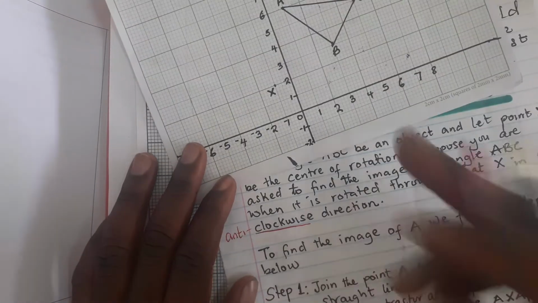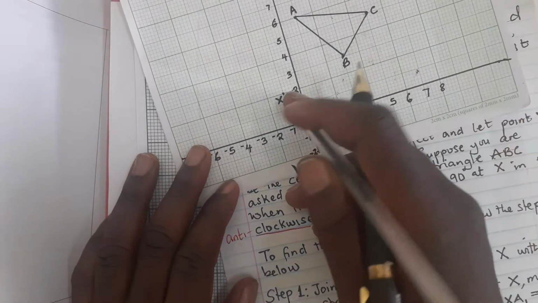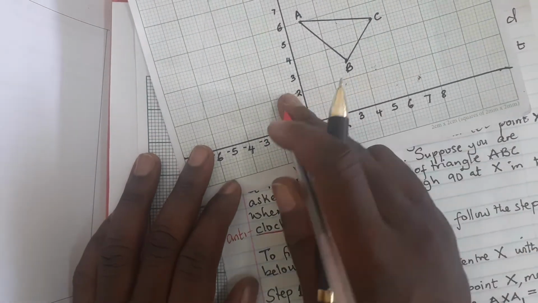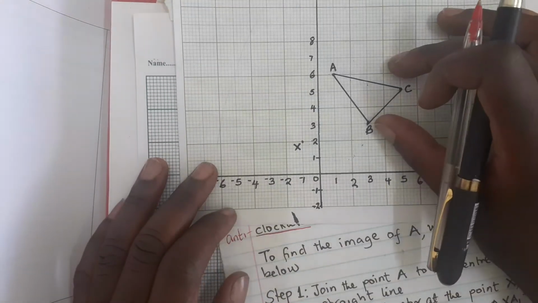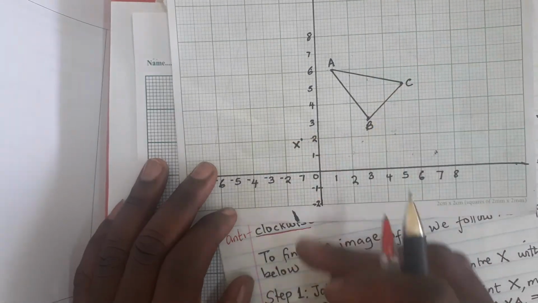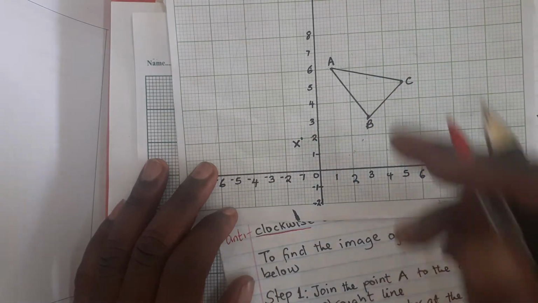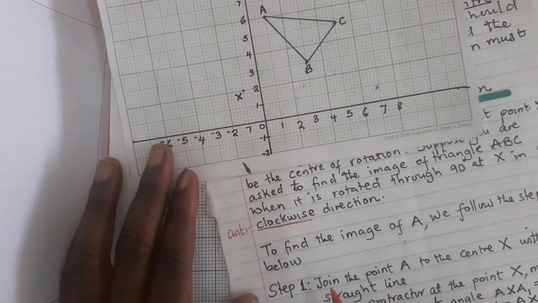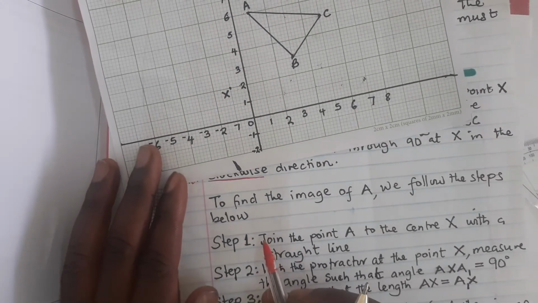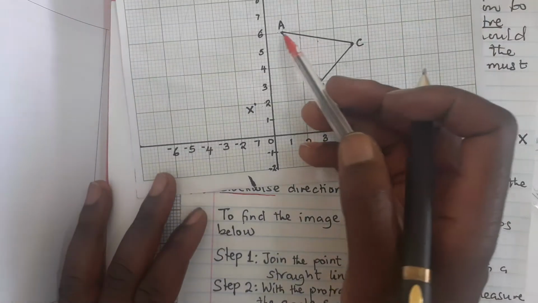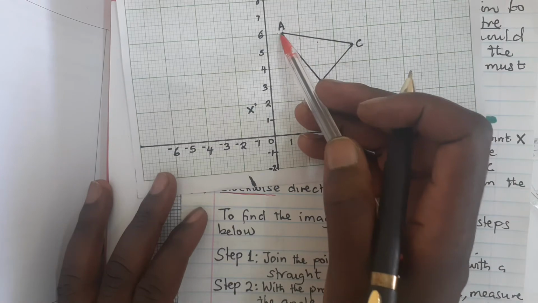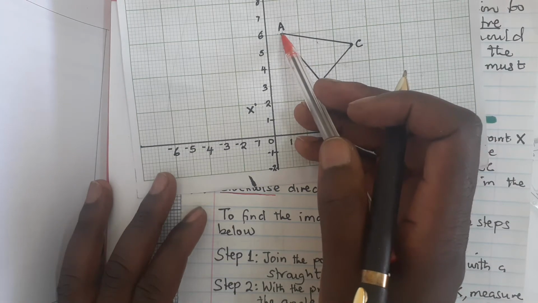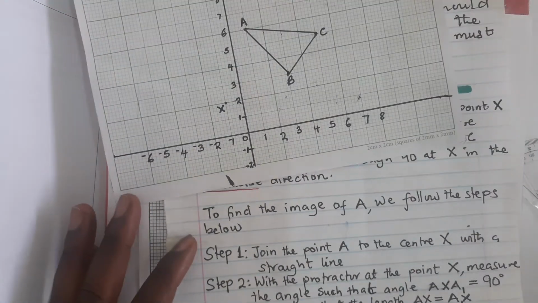So what are we saying to find the image? Remember that we have been given the center of rotation, the object, and the angle through which this must rotate. To find the image of this point A, what are we supposed to do?